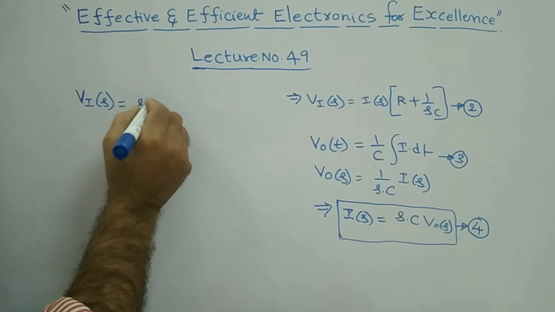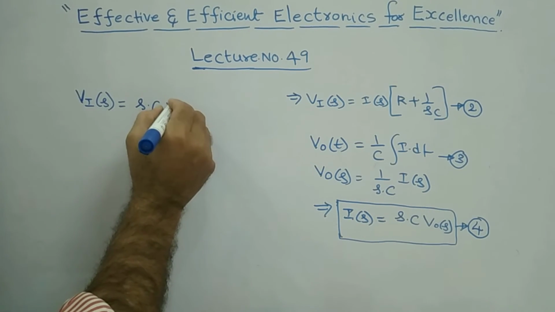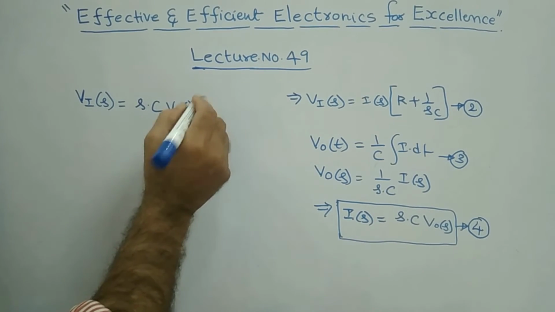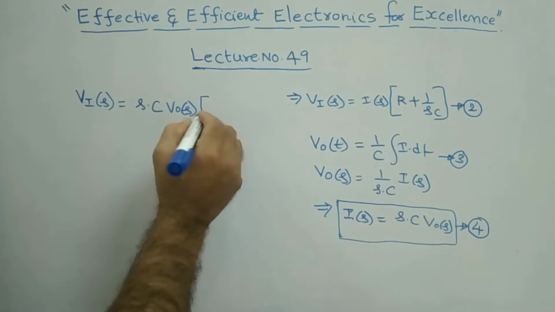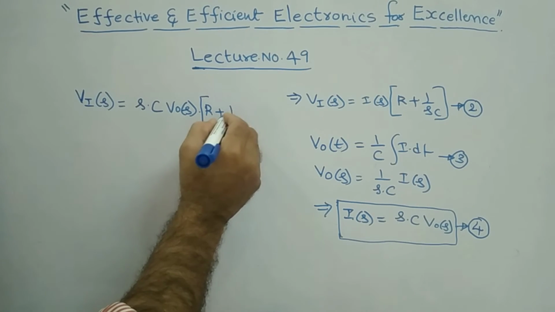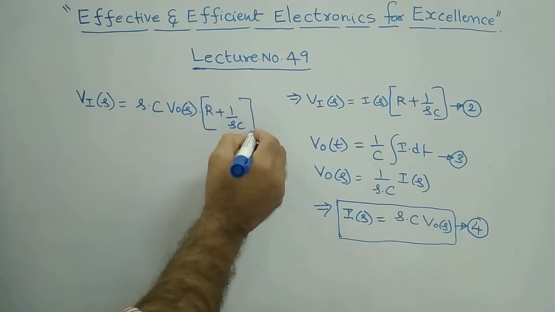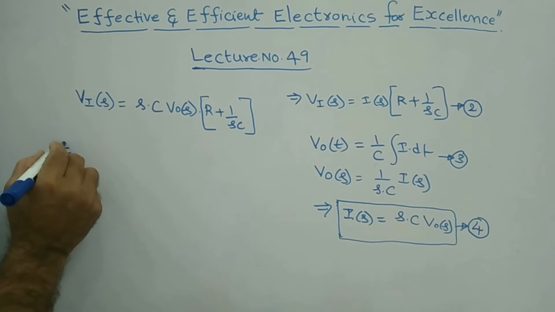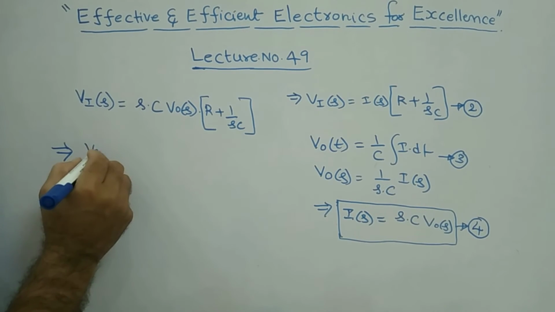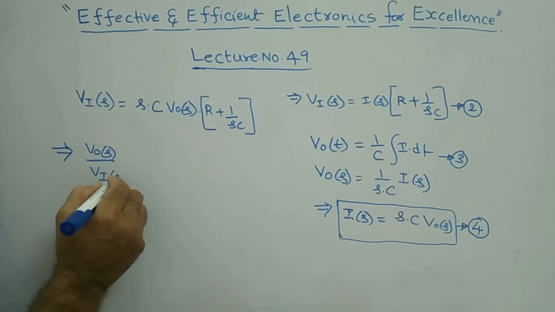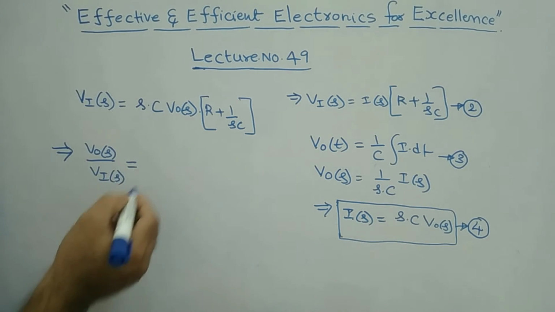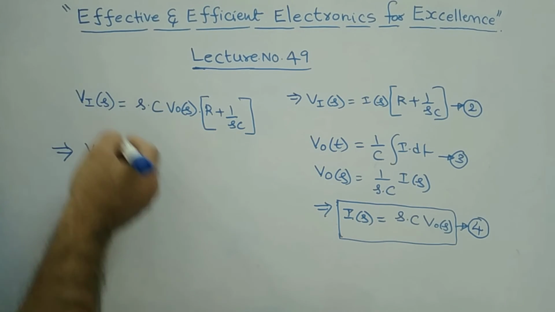Then S into C into V0 of S is your I of S. In the bracket, the other parameter is R plus 1 by SC. Clear? My objective is to find V0 of S by V I of S. I want to bring the relation, the ratio of V0 of S by V I of S.